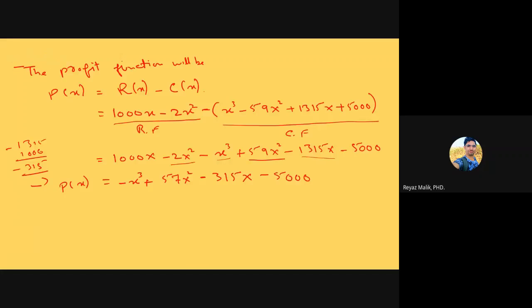So what is the profit function? I will write the profit function again. P of x equals to, it has come down, I cannot erase it now. Let it be. I will write again.